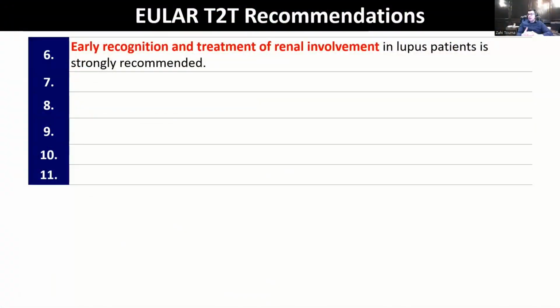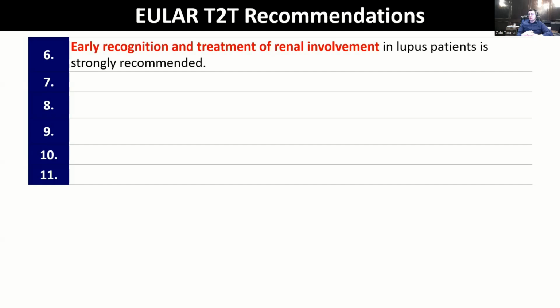The sixth recommendation being early recognition and treatment of renal involvement, eventually in lupus nephritis, is strongly recommended. I would say actually not just only renal involvement. We should recognize all features, regardless which organ is involved.